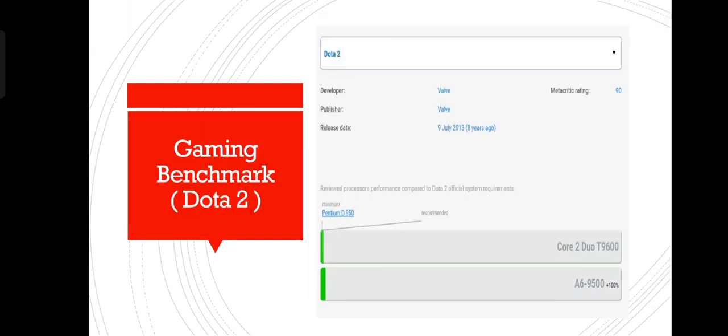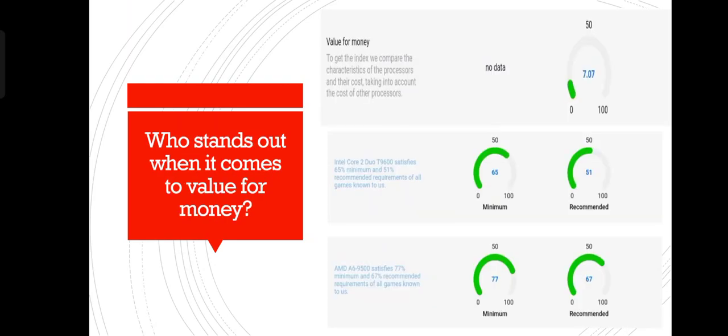And the last is Dota 2. The AMD A6-9500 is also probably the best choice among the two processors for the games.